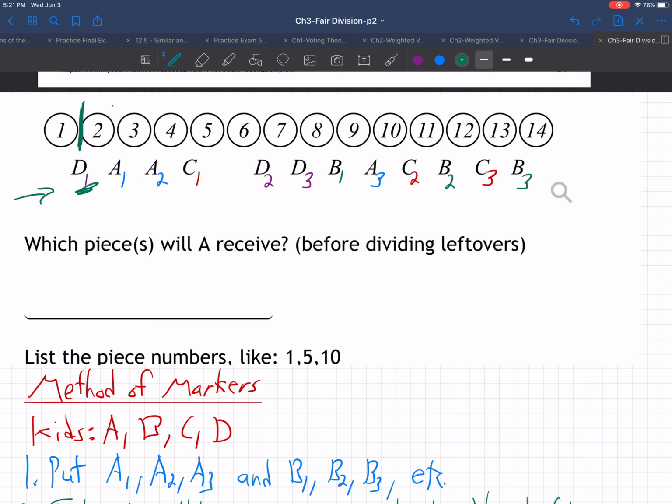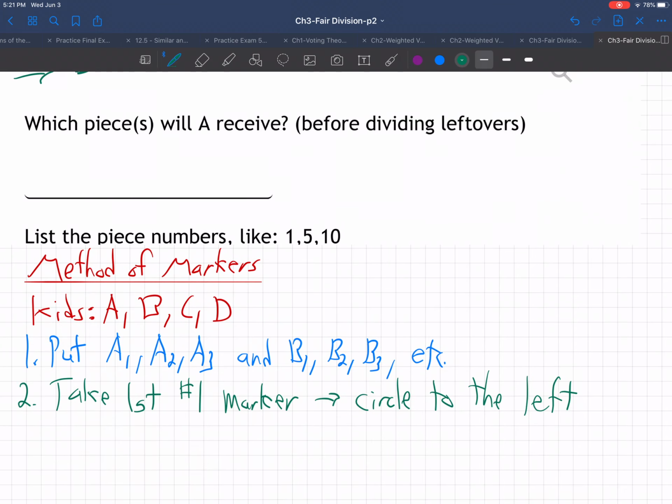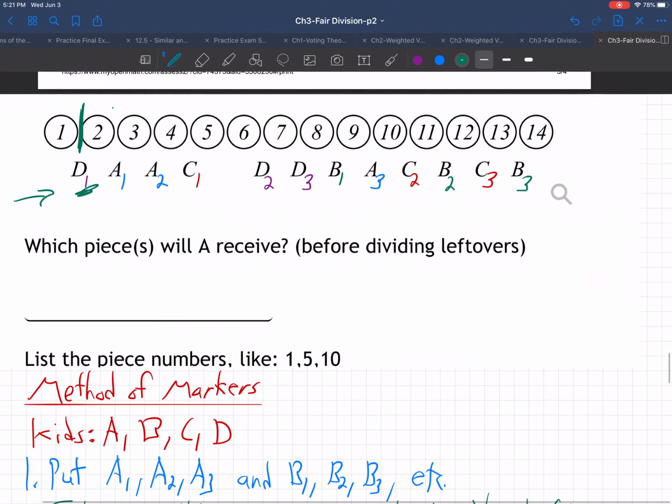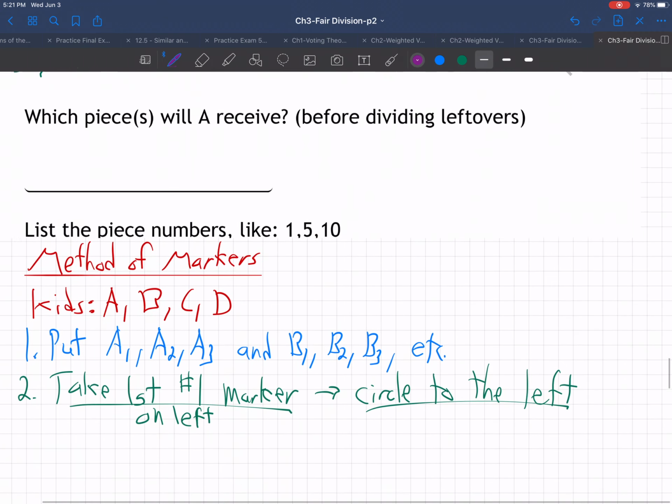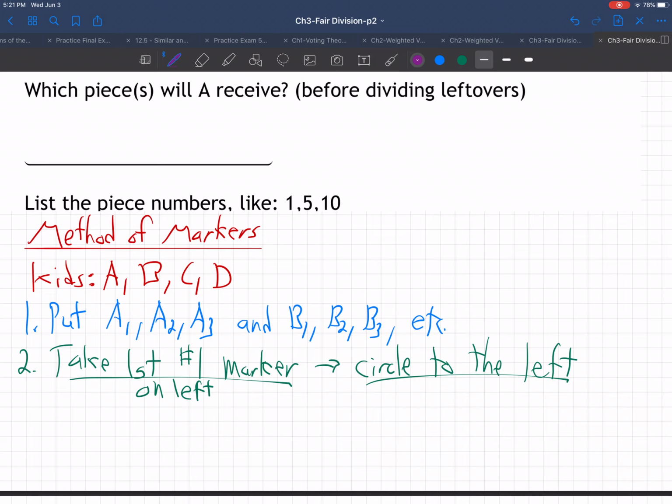So what does it say to do? Take the first number 1 marker, meaning the first on the left marker, and circle to the left. So that there is D's candy. In fact, let me go back, and D was purple, I think. So I'll circle that for D. There's D's candy. D gets candy 1.